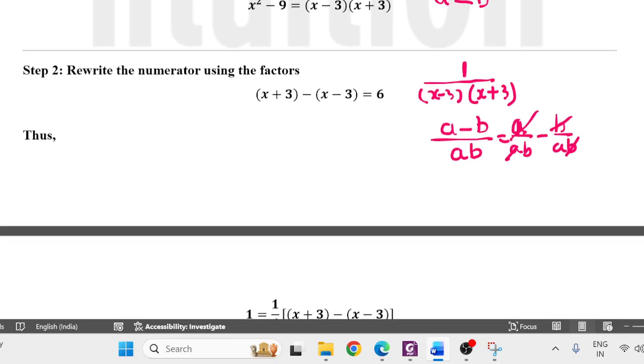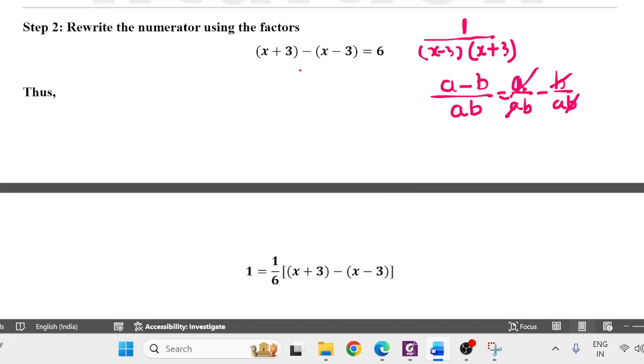To do that, we just check that x plus 3 minus of x minus 3 is equal to 6. If you open the bracket, it is x plus 3 minus x plus 3. Minus of minus will become plus, so this gets cancelled, so it is 6.